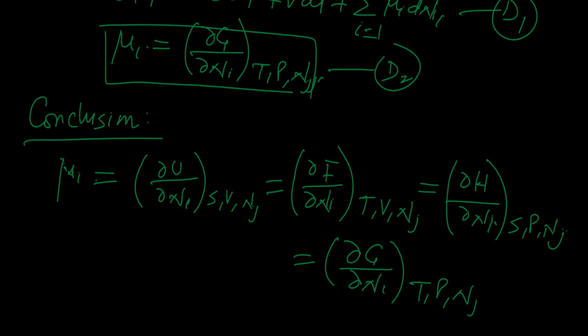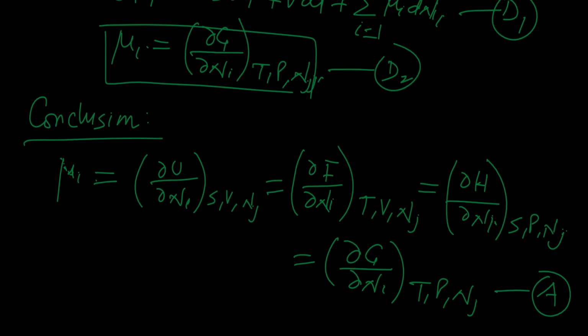This is the most remarkable result. You see that the definition of chemical potential does not alter, but only the parameter changes. We can define this chemical potential in terms of any thermodynamic potential.